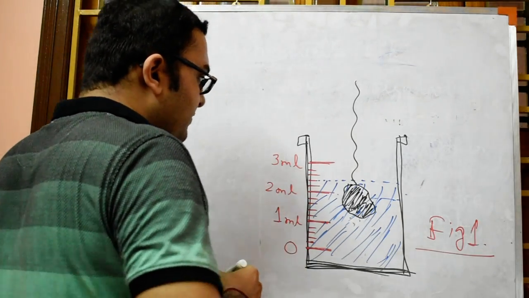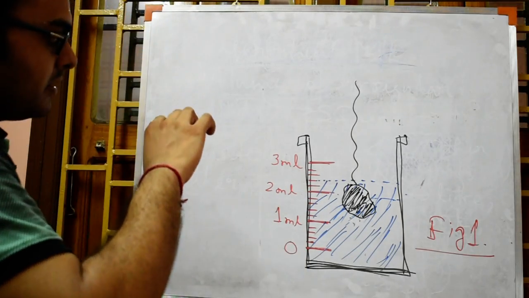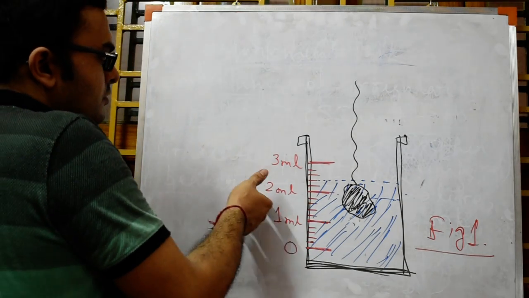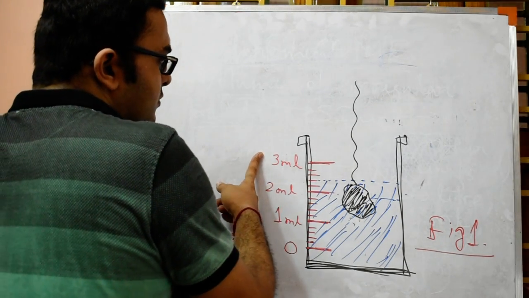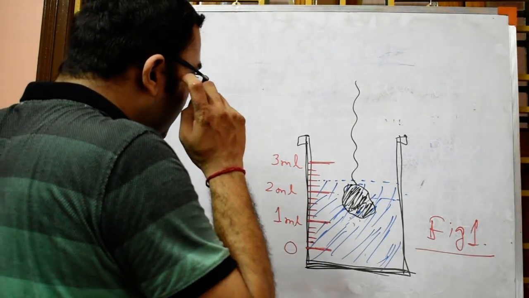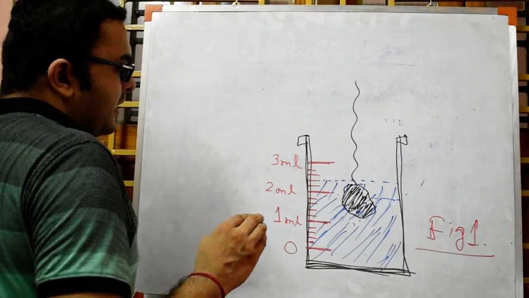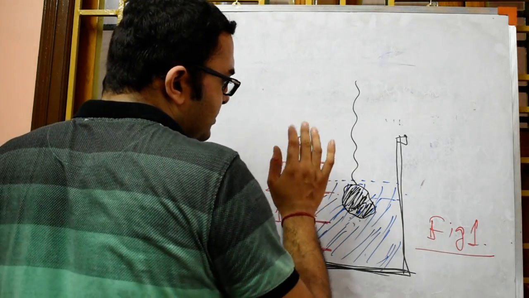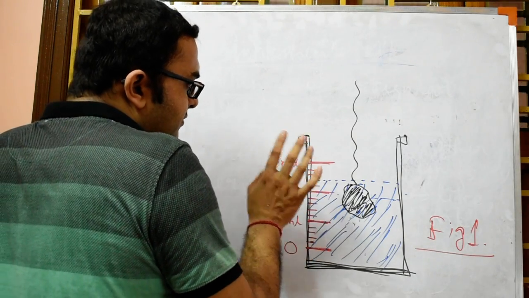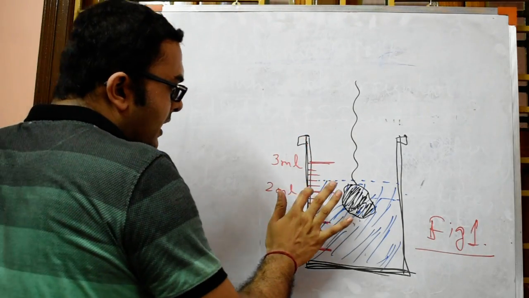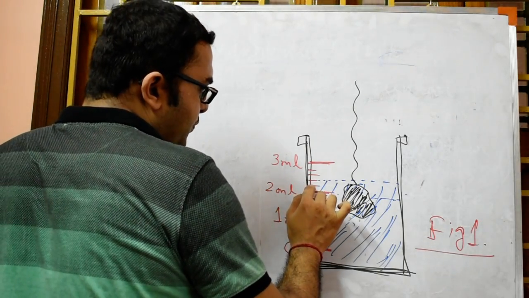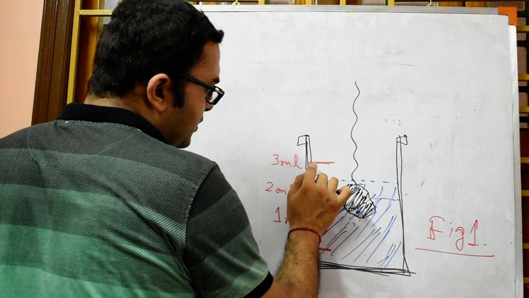From these markings, 2 milliliter and this is 3 milliliter, so the difference is 1 milliliter, and for that 1 milliliter gap you have 4 graduations, 4 markings. So I can divide that 1 milliliter gap into 5 segments. This is 0.2, this is 0.2, this is 0.2, this is 0.2, and this is 0.2.